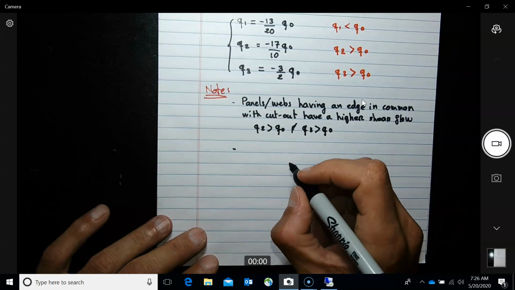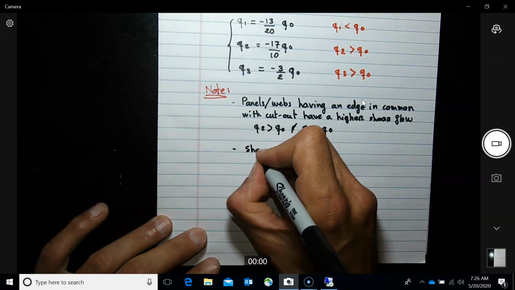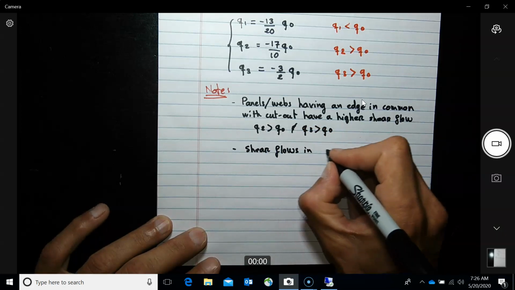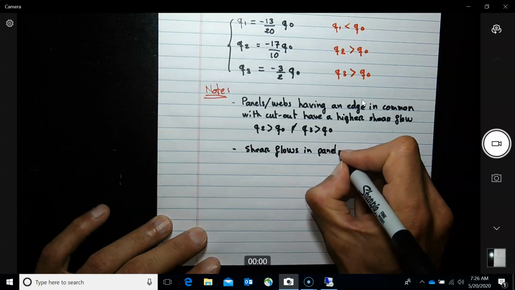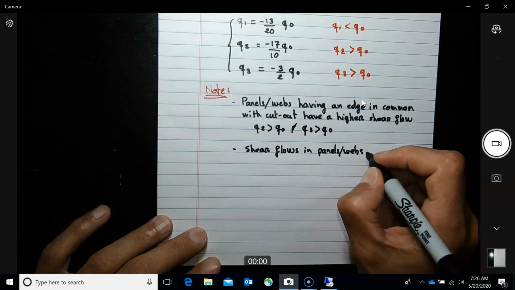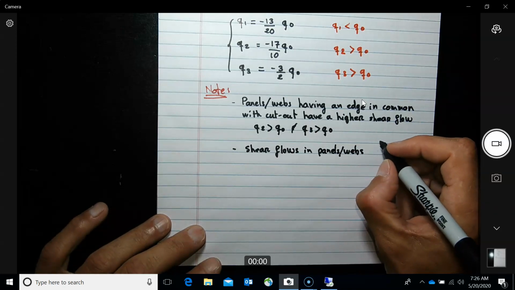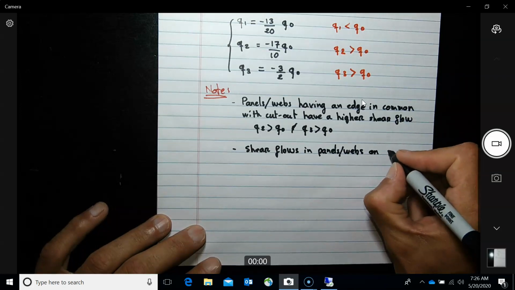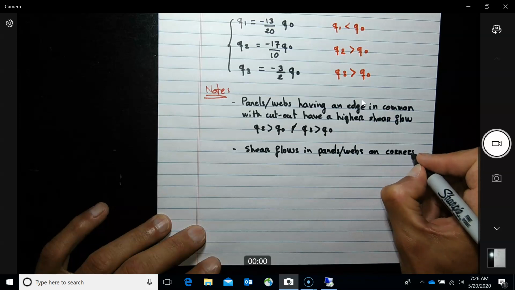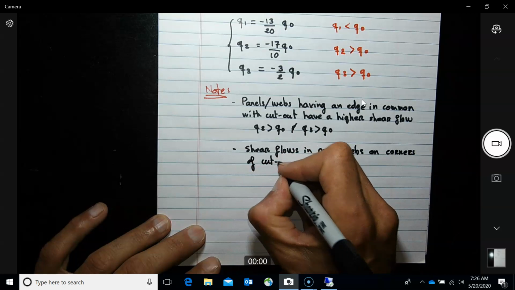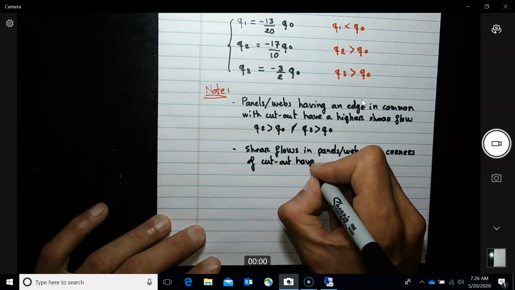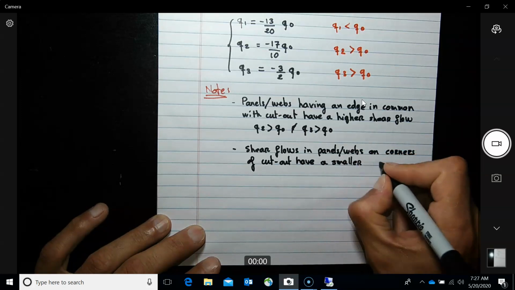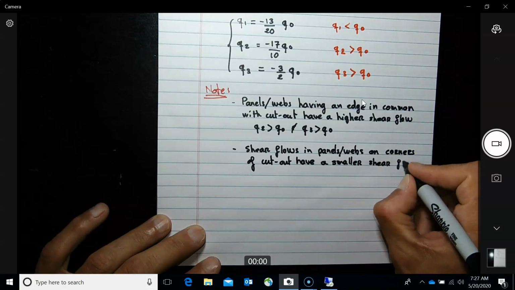And the other observation is that shear flows, because it's four of them, in panels, webs, shear flow in panels, webs on corners of cutout have a smaller shear flow.